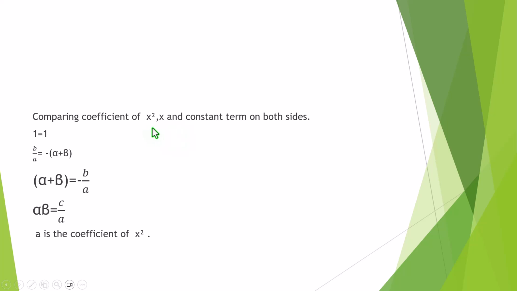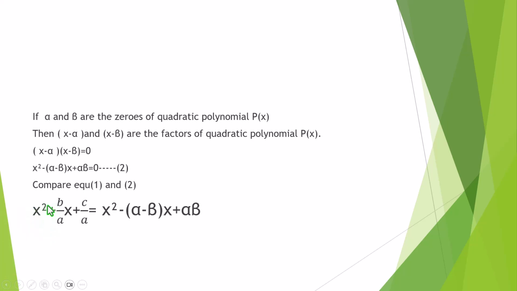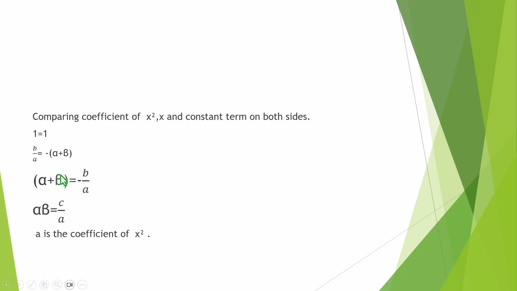Comparing the coefficients of x square, x, and the constant term on both sides: the coefficient of x square is 1 on both sides. For x, minus (alpha plus beta) is equal to b by a, so alpha plus beta is equal to minus b by a.